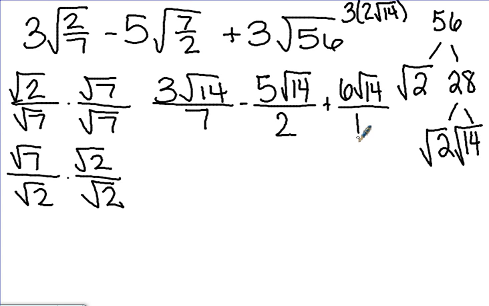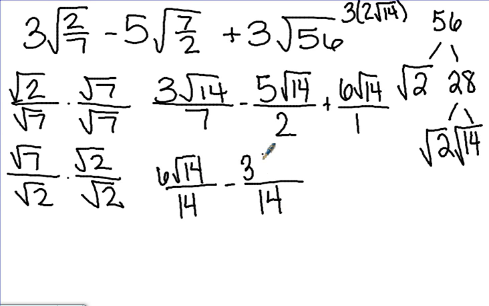Finally, what we need to do is come up with a common denominator between 7, 2, and 1, and that's 14. 3 square roots of 14 over 7 becomes 6 square roots of 14. 5 square roots of 14 over 2 becomes 35 square roots of 14.